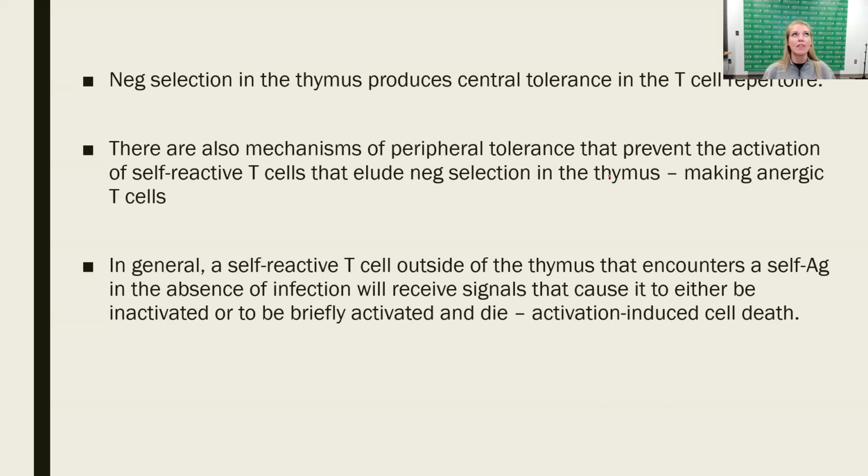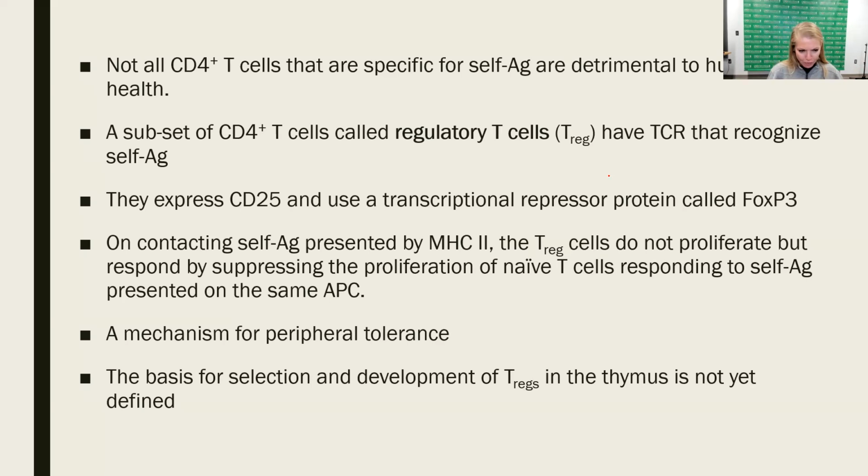But there is also an additional way of shutting down an autoimmune disease out in the periphery, and it's with a subset of CD4 positive T cells called regulatory T cells, or Tregs.